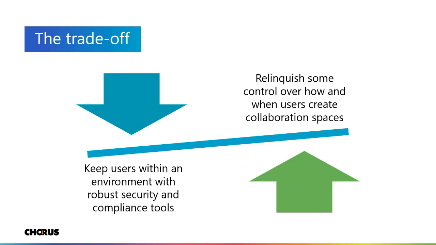There's always a trade-off. If you give up some control over how and when users create these spaces, you've got the benefit that at least you're keeping them within an environment where you have the ability to apply some governance controls, to basically put a perimeter, a framework in place for users to work within.